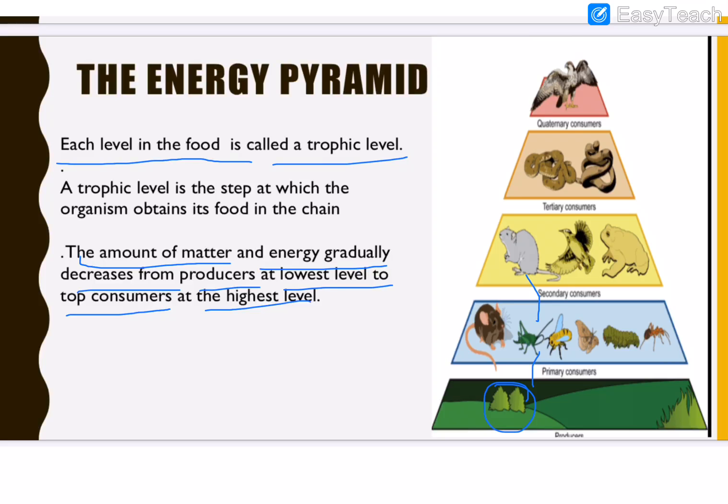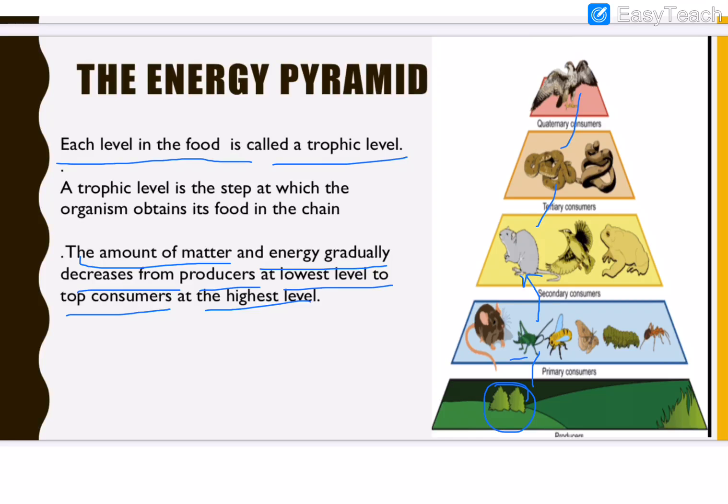When grasshopper is consumed by another animal, it gets less energy compared to what grasshopper gets by consuming plants. When rat is consumed by snake, snake gets much lesser energy than grasshopper and rat. And eagle gets a very small amount of matter and energy when it consumes a snake.